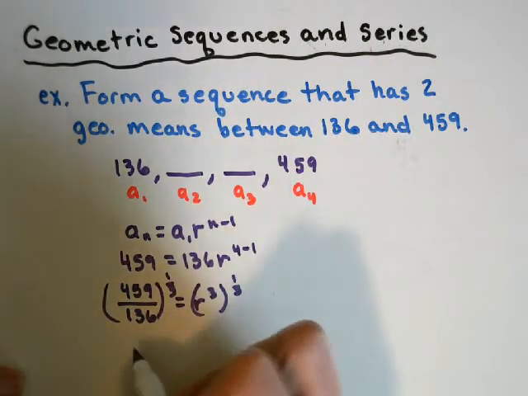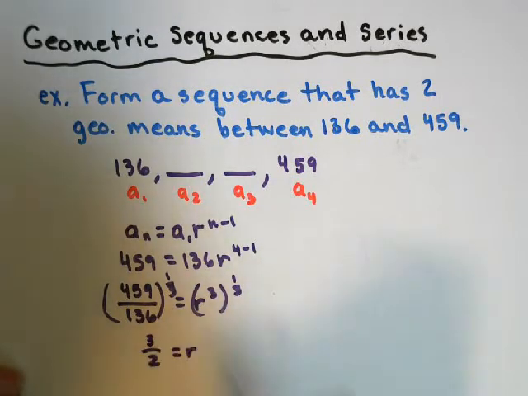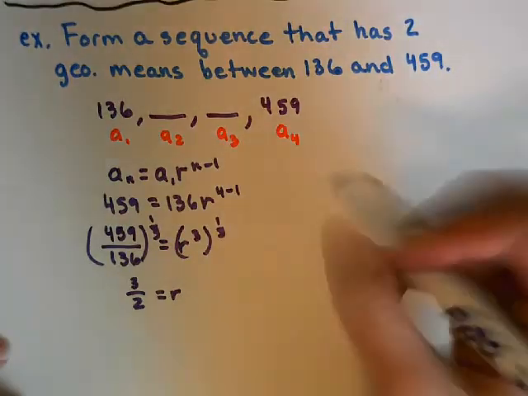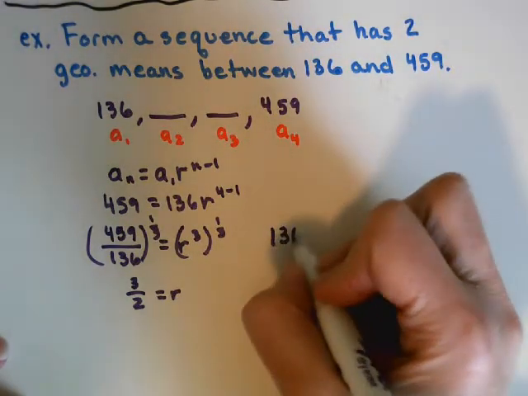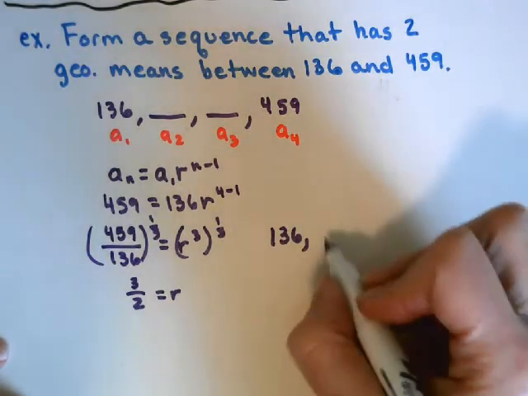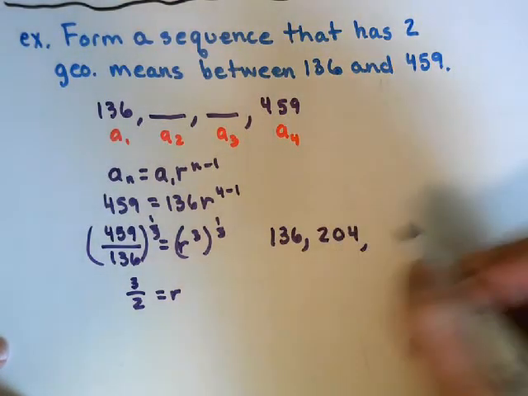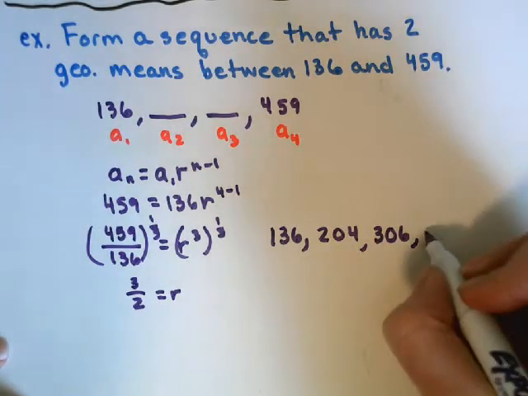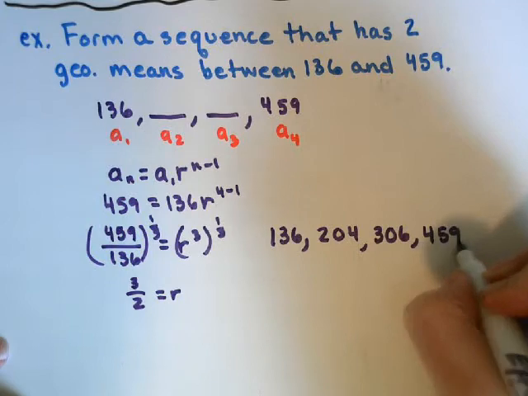Type that in the calculator, you're going to get 1.5 or 3/2. So then I can write my sequence. We're going to have 136. If I multiply that by 1.5 or 3/2, we get 204. Again, gives me 306. And again, gives me 459.